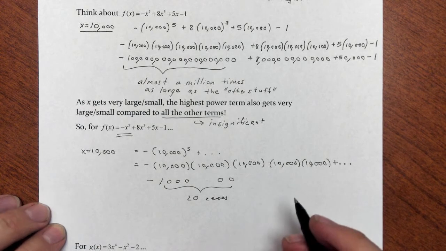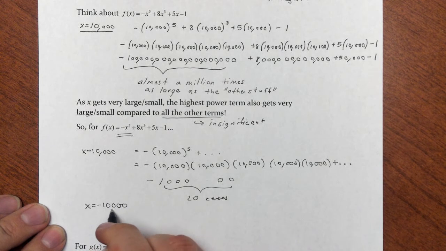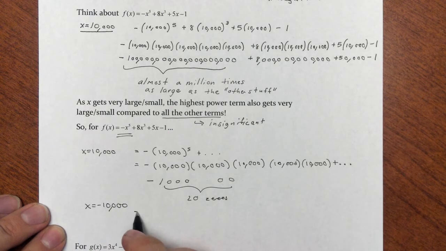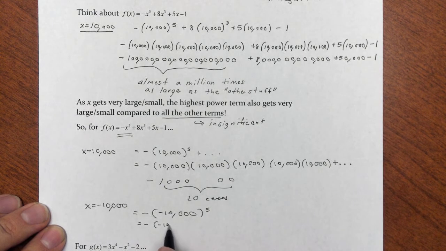That's what that means. If I put in negative 10,000, then what would I have? I would have negative 10,000 to the fifth, which means I'm taking negative 10,000 5 times. And here's what I have to consider.